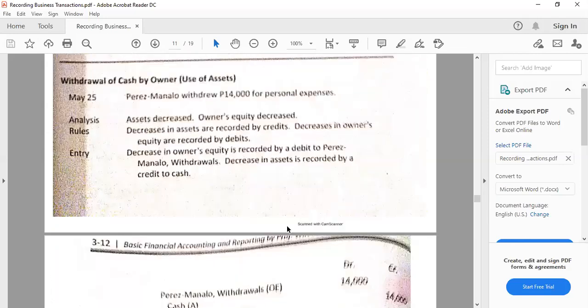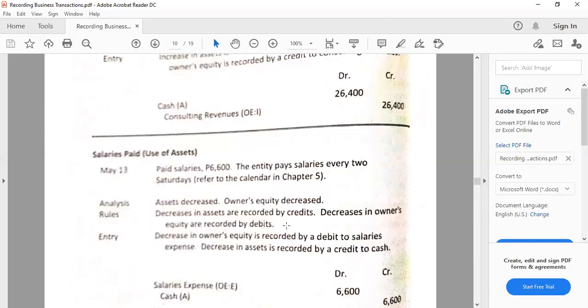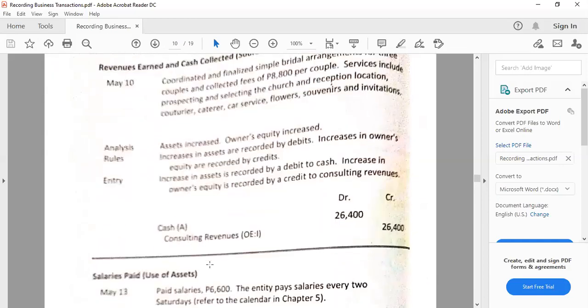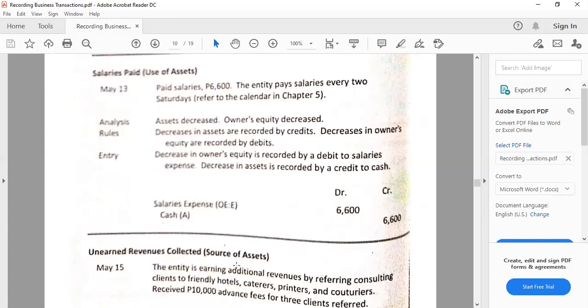By the way, explanations. I think we have skipped the explanations. So here, to record services rendered, or to record consulting services rendered. Here, to record payment of salaries.